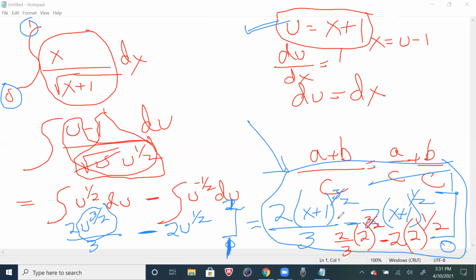And that whole thing minus, when you substitute 0 for that, you get 2/3. And when you substitute 0 for that, you get 2. And that's actually in parentheses. And so that would be the answer.